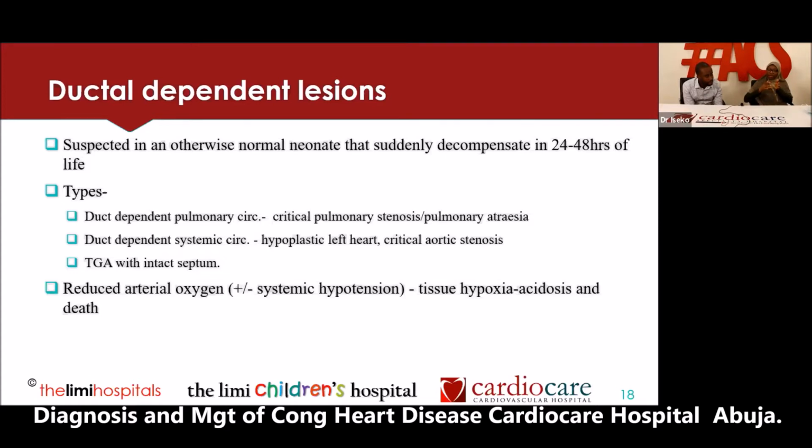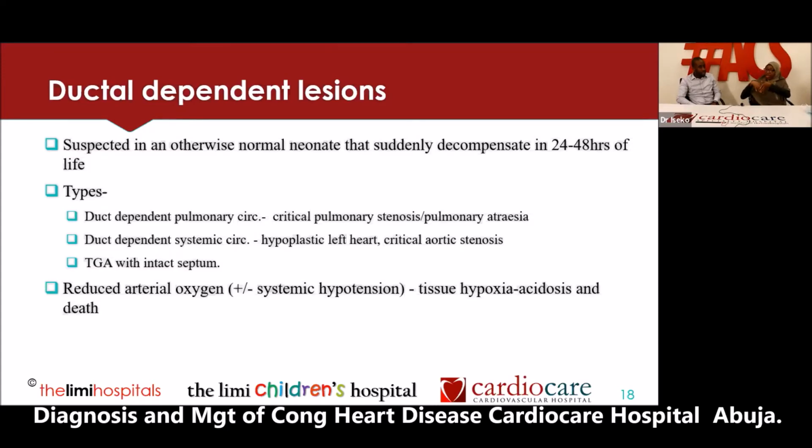What really happens is the left side is hypoplastic. Depending on the degree, it might just be the aorta, or including the left ventricle, and even as far as the mitral valve. So as a result, most of the blood is in the pulmonary circulation. It goes from the right atrium to the right ventricle, and then comes back to the left atrium.